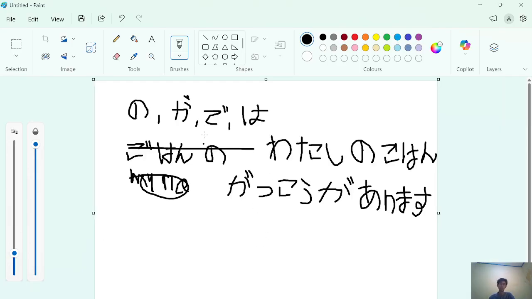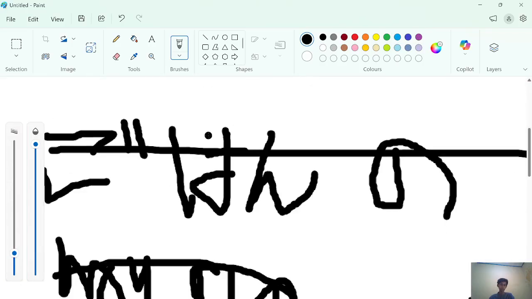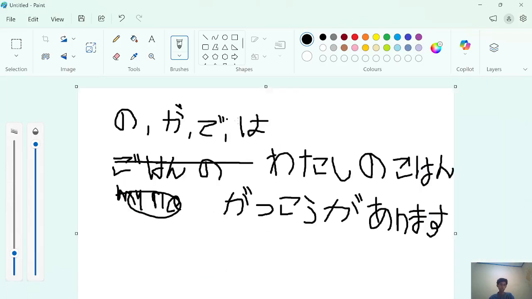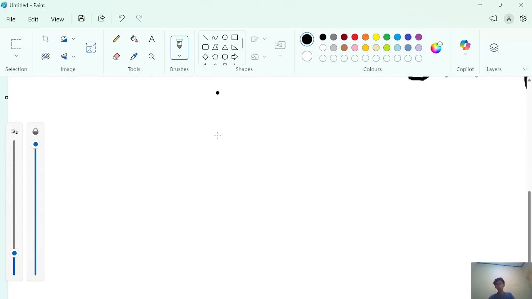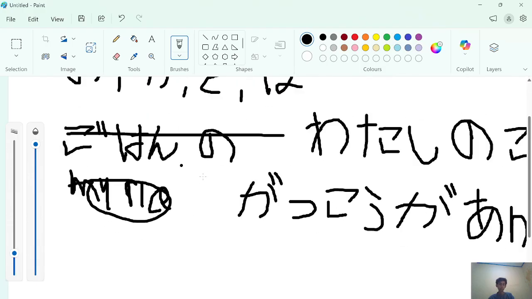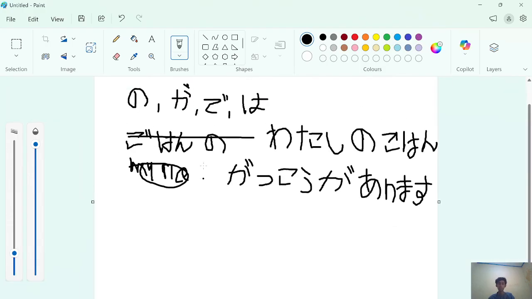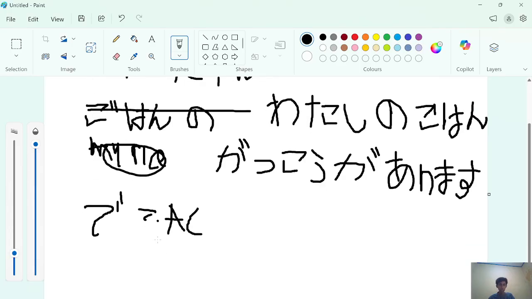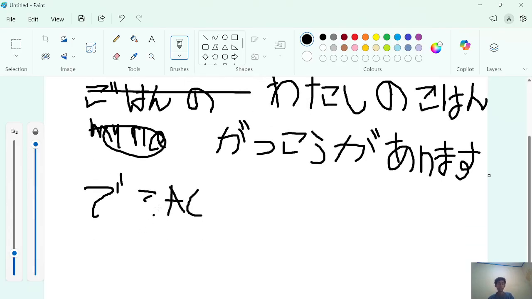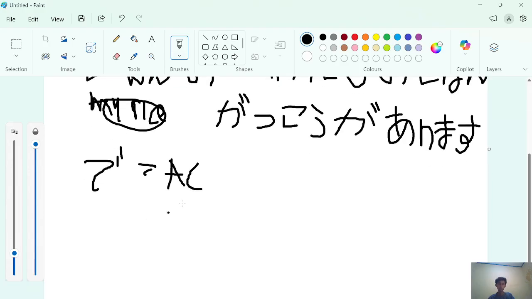So the next one there is de. So de is used when you acknowledge a place or doing some activity in that place. For example, it can be both. It can be activity or the place. For example, we take a school. School is a place, right?